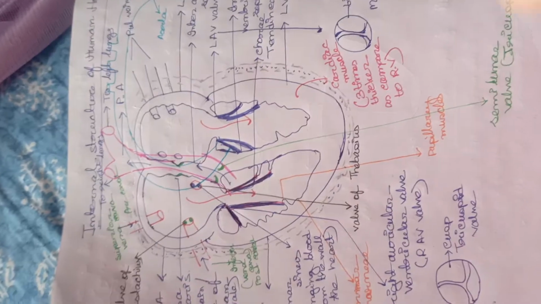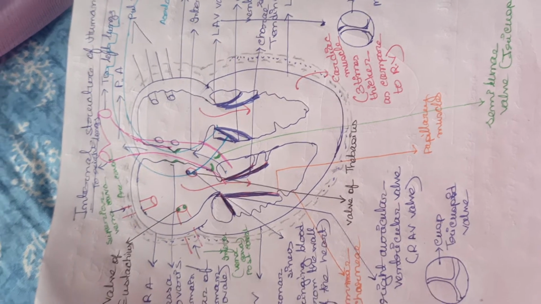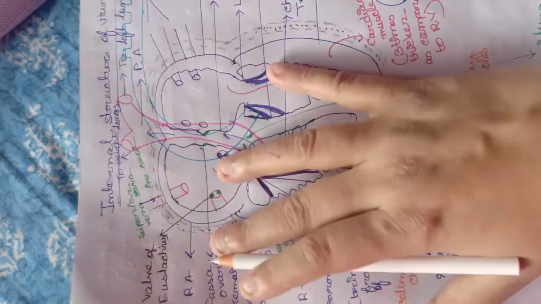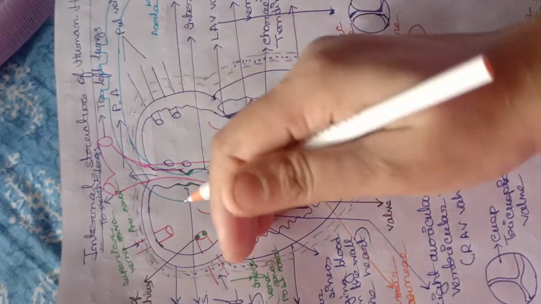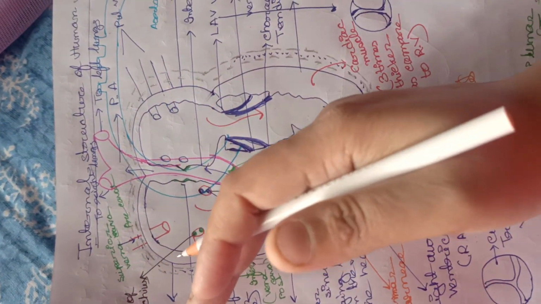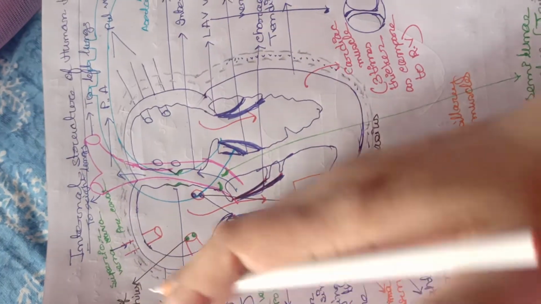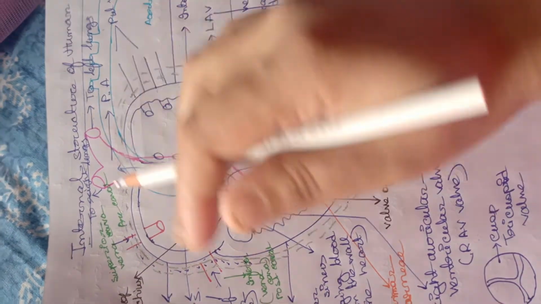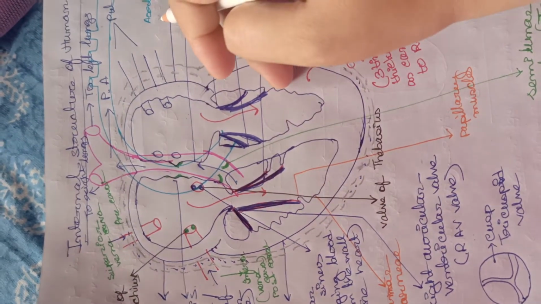Next, the diagram we will understand now. First, the internal structure of the human heart. We know our heart has two parts: this is the right side, this is the left side. The upper two chambers are the auricles and the lower two chambers are the ventricles.